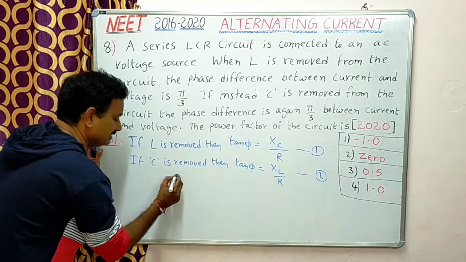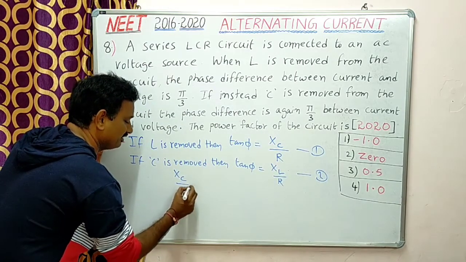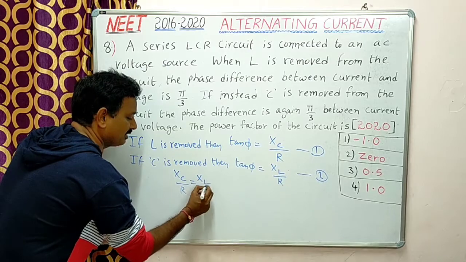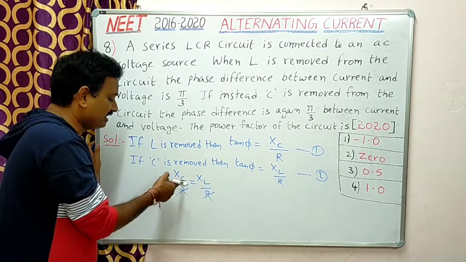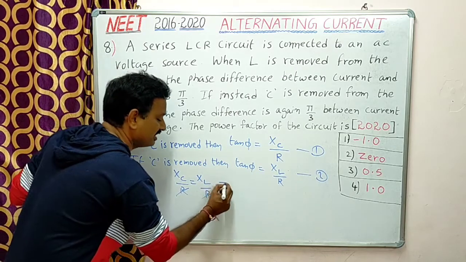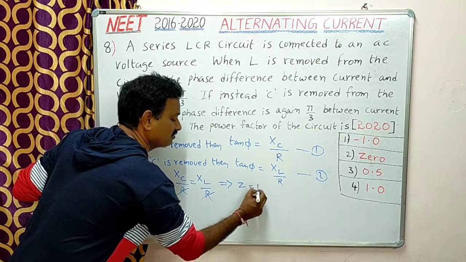So I will write XC by R is equal to XL by R. R cancels. If XC equal to XL, I can say impedance is equal to resistance.